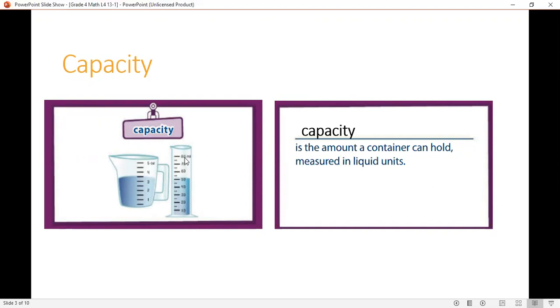We can also see that this little container can hold 80 milliliters, which is the metric system. But the amount that these containers can hold is measured in liquid units, and we will only be looking at the imperial system, this one here.